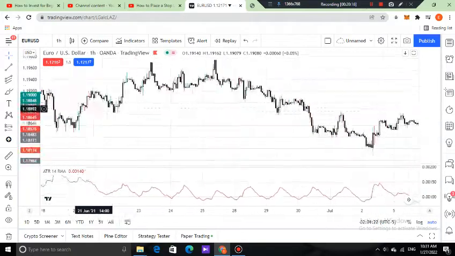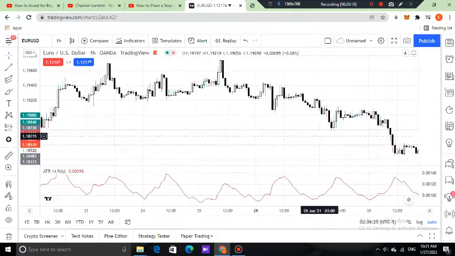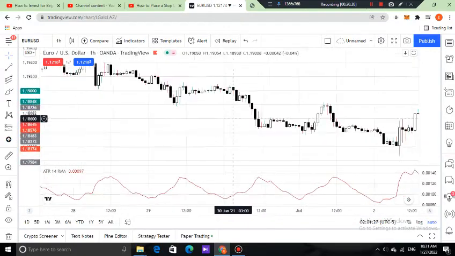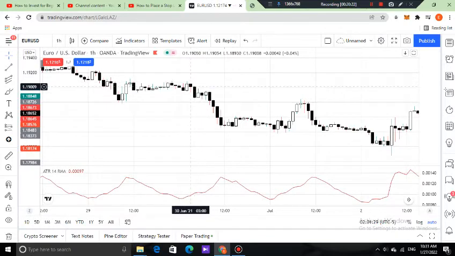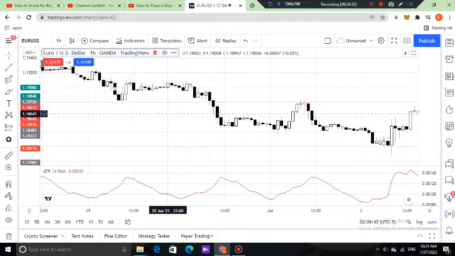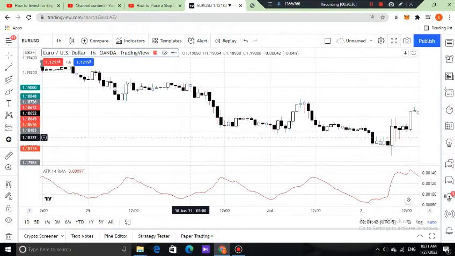For example, you wanna consider a stop for this one, and you're curious and you wanna know where you should put your stop. If you see here, we have this number at the bottom left of the screen, this ATR tab.